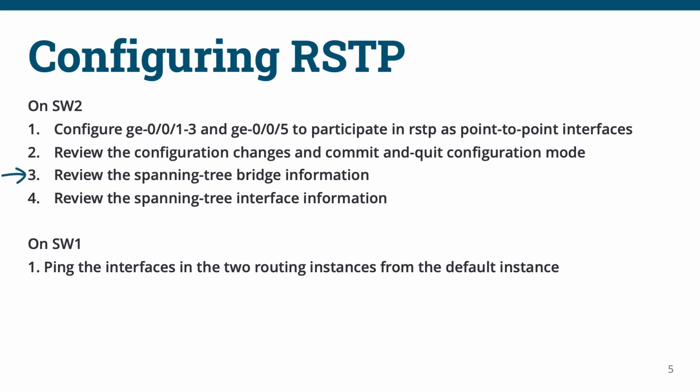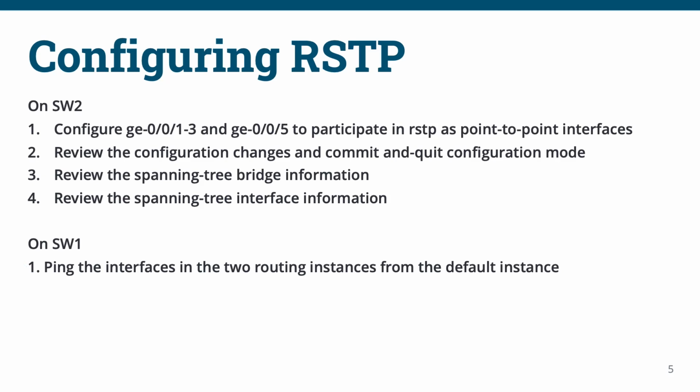Next, we'll review the bridge and interface information for the Spanning Tree Protocol instance on switch 2 to see how the topology has converged to avoid the switching loop, and review the details as to why it converged in the manner it did. Finally, to wrap up the configuration of RSTP, we'll ping from switch 1 again to the routing instances to validate Layer 2 connectivity.